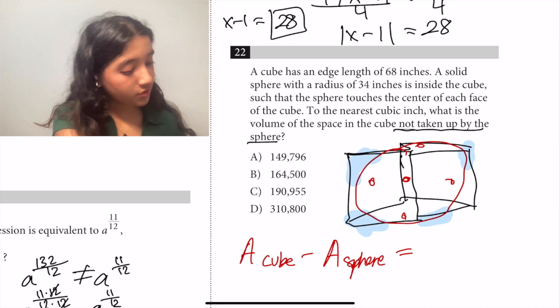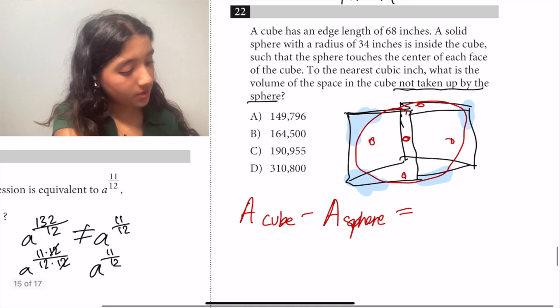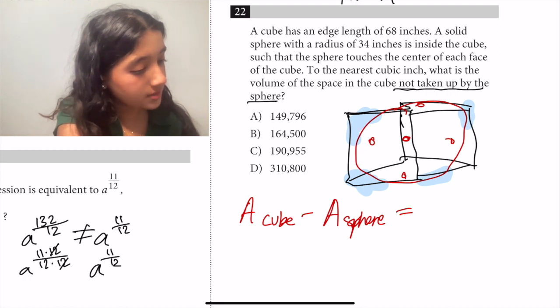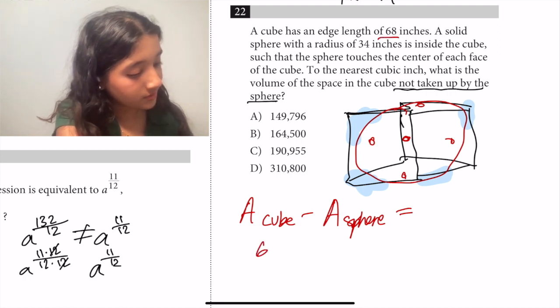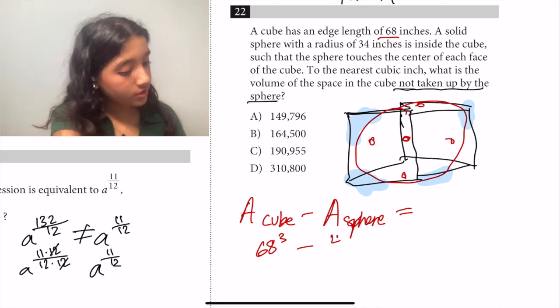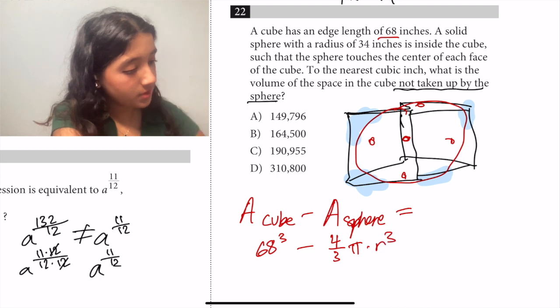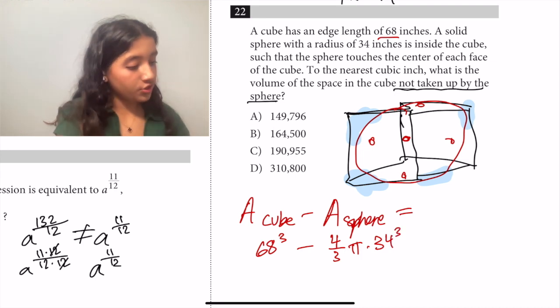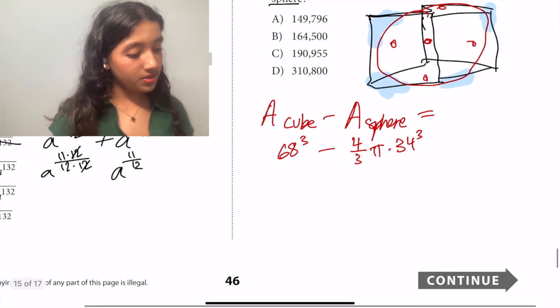So the volume of the cube, well, we know that's s cubed, but in this case we know that s is 68, so that's 68 cubed. And then the volume of a sphere, that's 4/3 times pi times r cubed. In this case, we know that r is 34, so that's 34 cubed. And then you're going to want to use your calculator to simplify this.